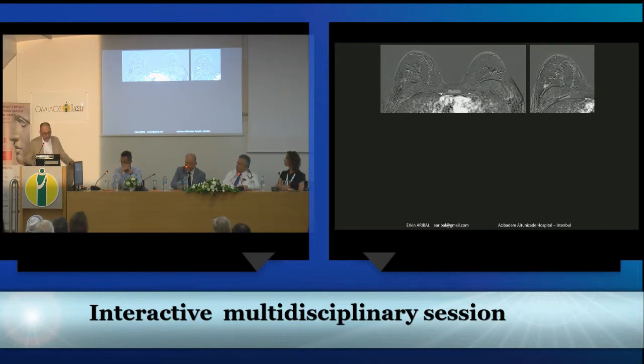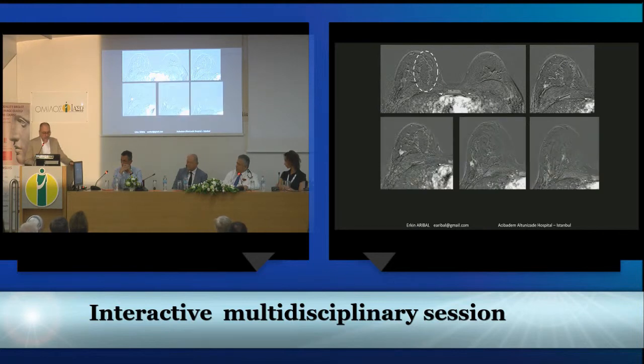Actually, we had to do the chemo first after this, because her operation was not good, so she had a lot of lesions left behind. So we had to do the chemo. And this is the surgery area. It was clear, but in different areas, she had a lot of lesions, and here as well.